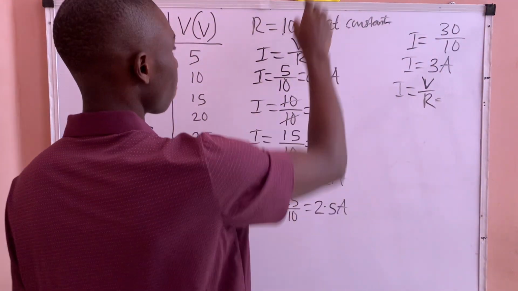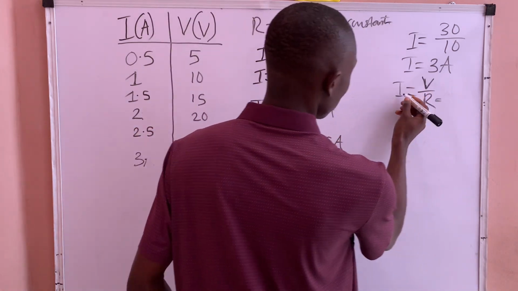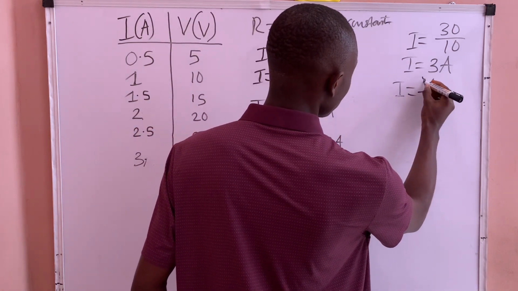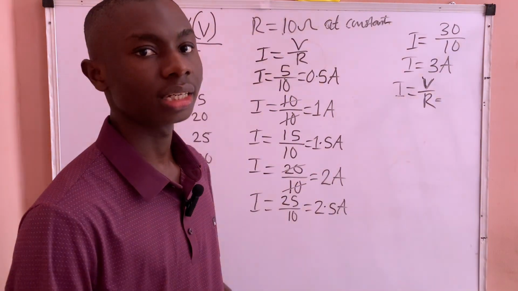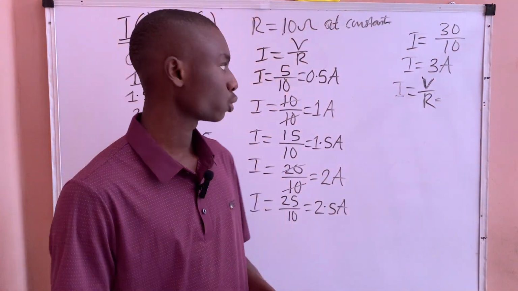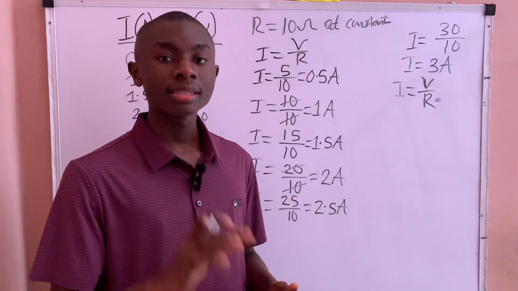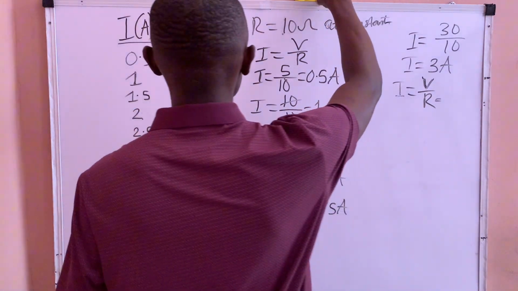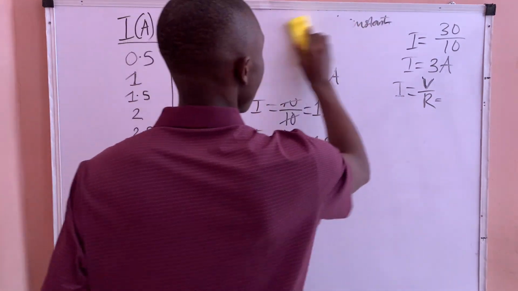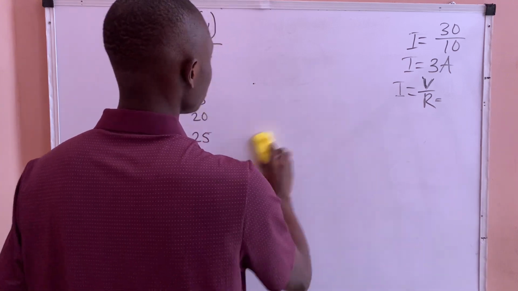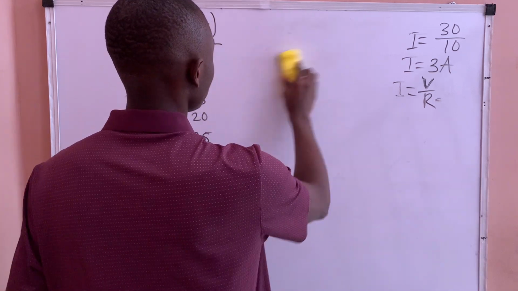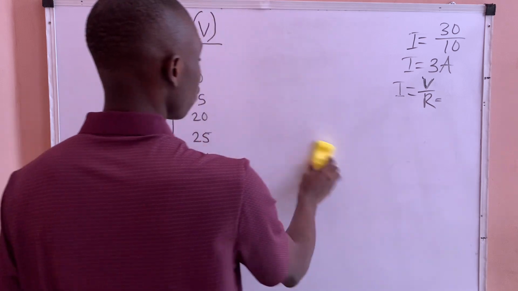Okay, let's move on. That was for current and voltage, because I said current and voltage are linearly or directly proportional, directly related. Okay, let's move on. Let us make voltage constant and vary the value of what?